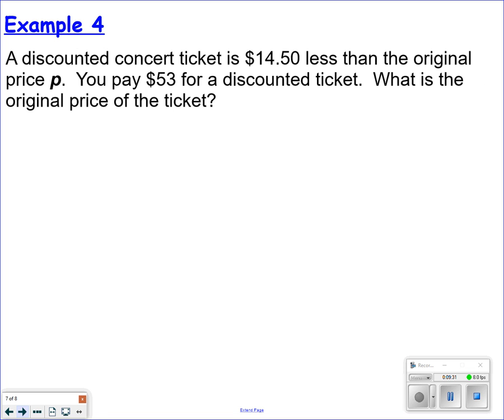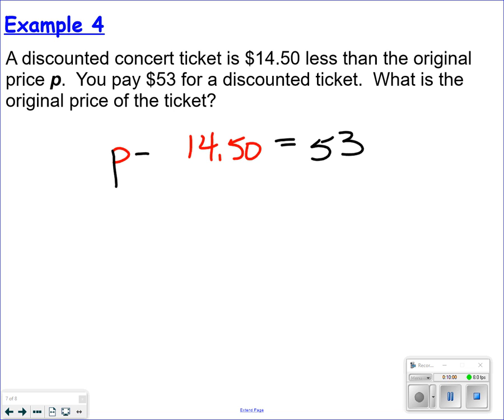Discounted concert tickets is $14.50 less than the original price. So we're going to write an equation. The price plus $14.50. Sorry, let's try this again. The price minus $14.50 equals $53.